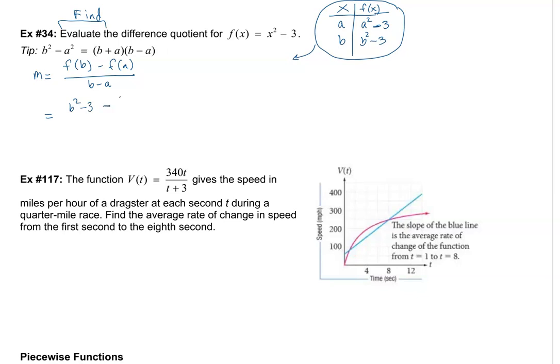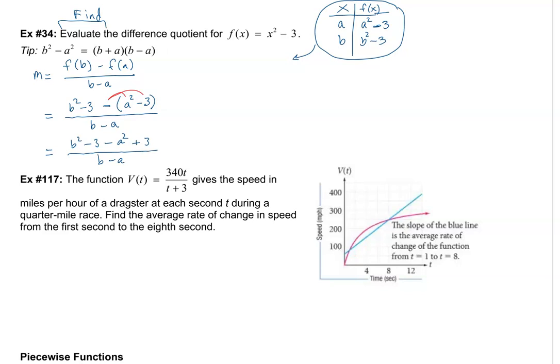Now careful here, using parentheses is a really good idea because we want to make sure we subtract all of f of a. And then on the bottom, just b minus a. So careful with that negative sign, that's going to distribute. Let's rewrite that. We get b squared minus 3 minus a squared, and then subtracting negative 3 turns into adding 3. Still over b minus a.